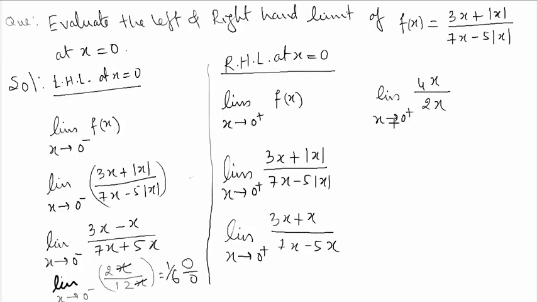So here still you can say this is 0 by 0 indeterminate form. At the moment you can see how an indeterminate situation looks like. This x is behaving in the same manner, so you can cancel out these two, and this is equal to 2. Hence right hand limit at x equal to 0 is 2 and left hand limit at x equal to 0 is 1 by 6. So this was the left hand limit and right hand limit part.